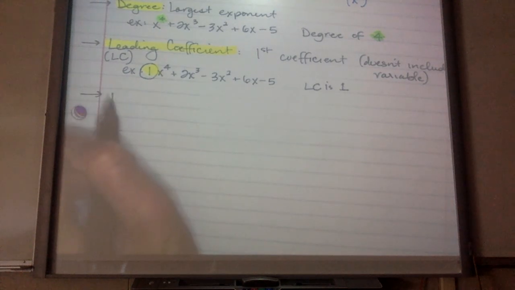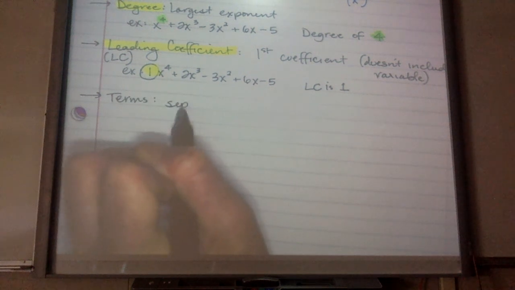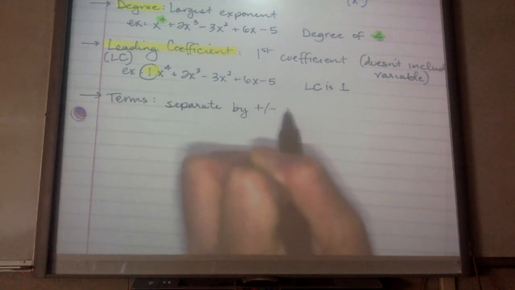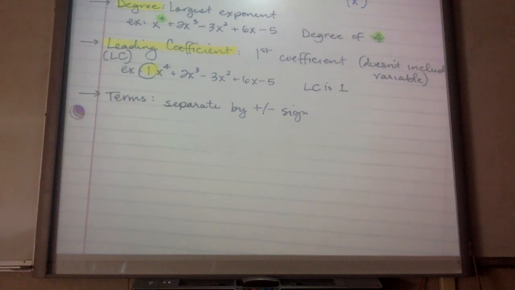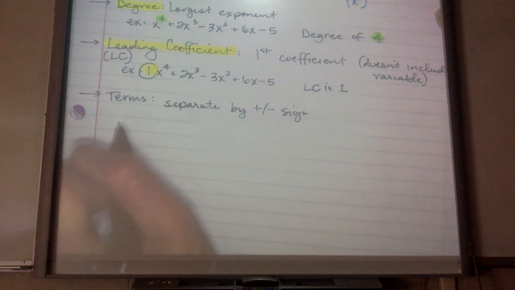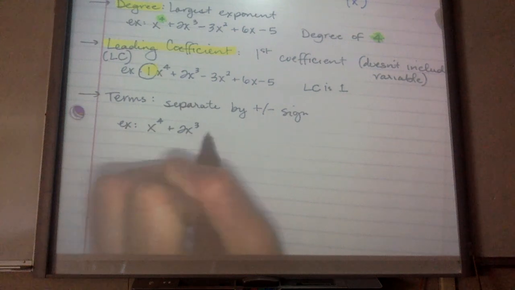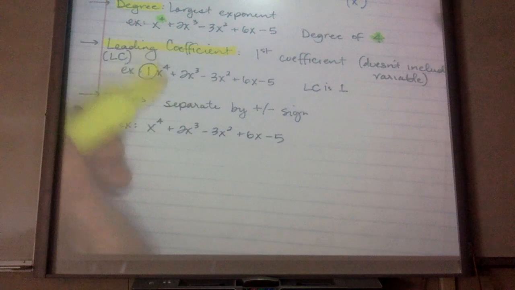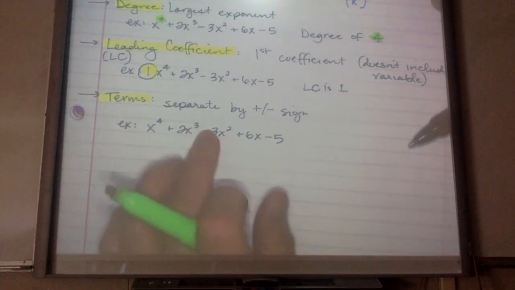Next thing this covers is terms. Now, terms are separated by a plus or minus sign. Okay? Terms should be like x or 6x or 3 or 2. So, for example, x to the fourth plus 2x cubed minus 3x squared plus 6x minus 5. Now we're covering terms. So this is how you count terms. Ignore the plus or minuses.